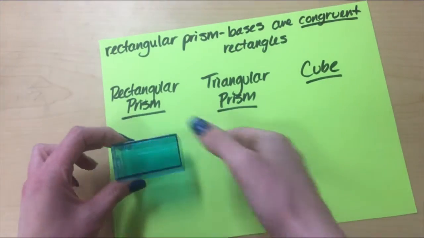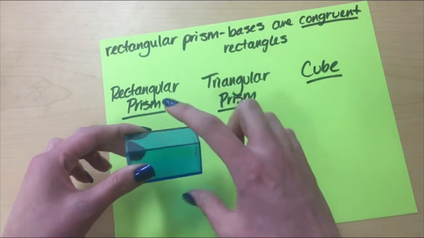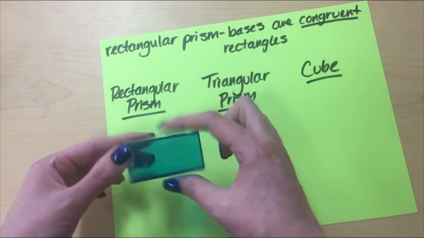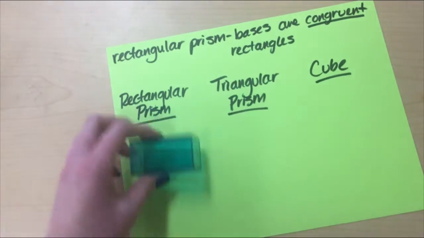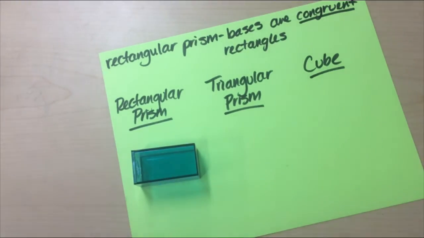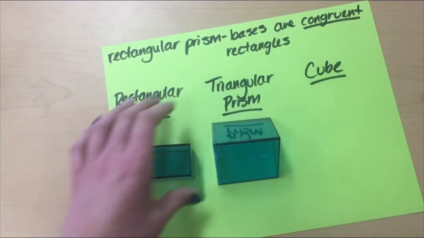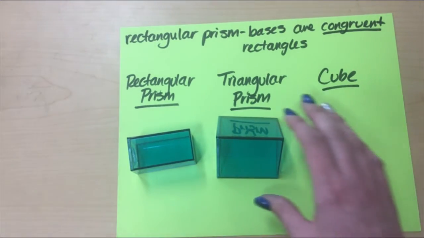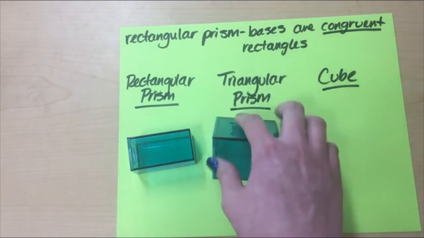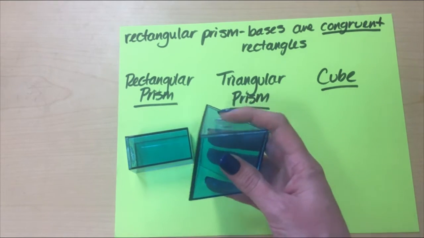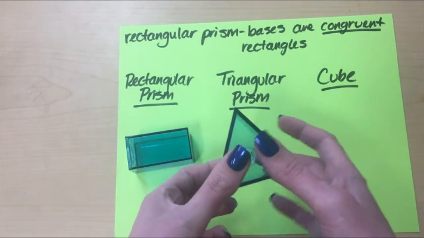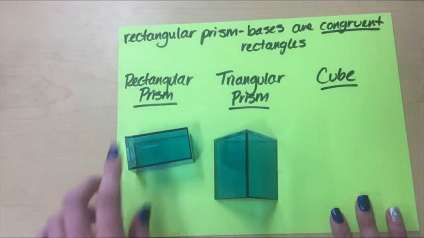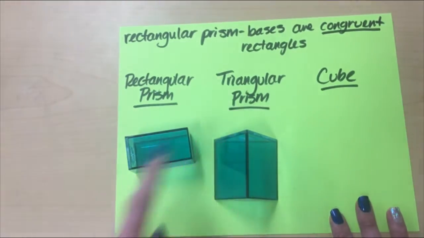This and this, the bases, are both the same. They match up. So that's our rectangular prism, and it's 3D, so it's a prism. Now a triangular prism looks like that, and this is a triangle here on the side. We still have rectangles, but we have triangles here. That's the difference between a rectangular prism and a triangular prism.